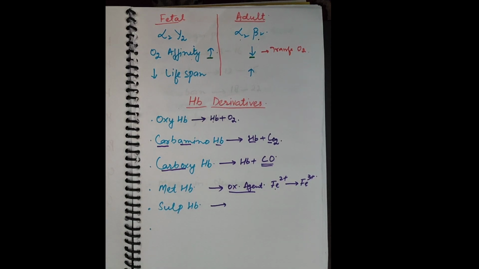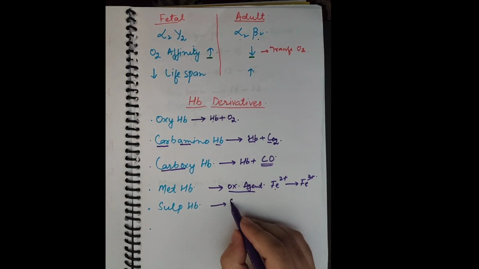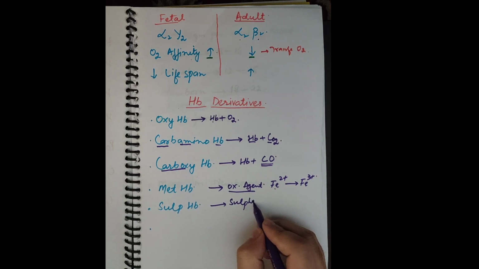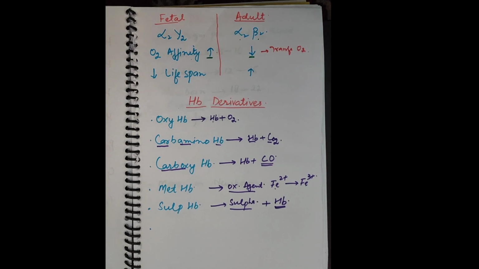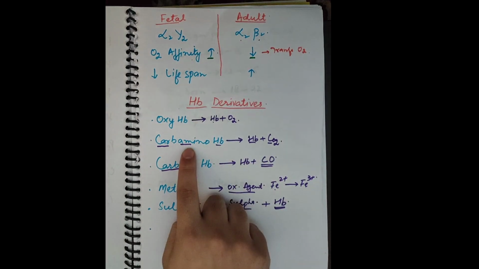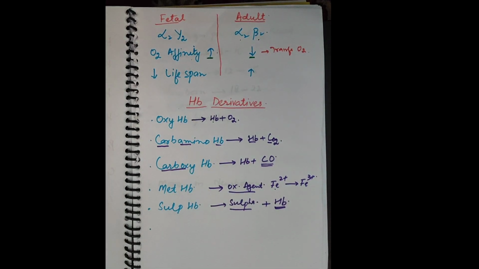Sulfhemoglobin is formed when sulfonamides or sulfa compounds join with hemoglobin. Okay, so these are some of the derivatives of hemoglobin. You need to remember three of them: oxyhemoglobin, carbaminohemoglobin, and carboxyhemoglobin. The application of these derivatives will be in the chapter of respiration.